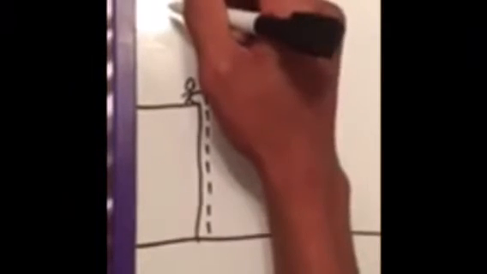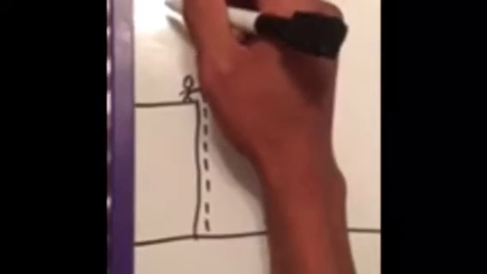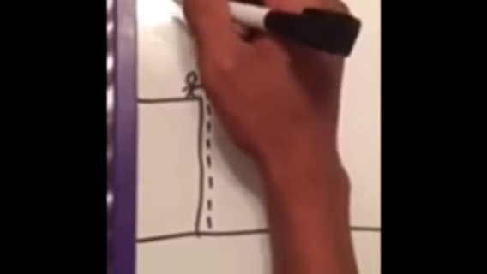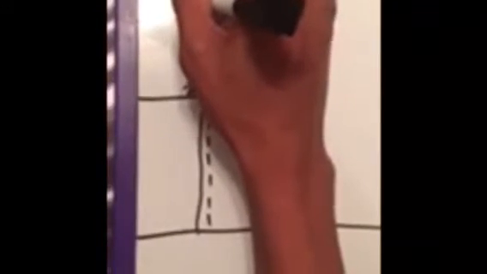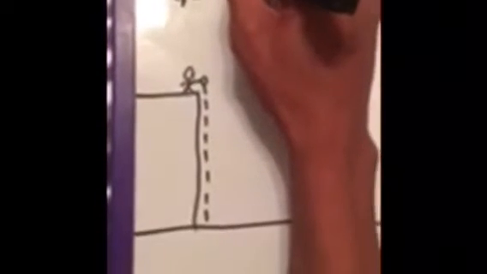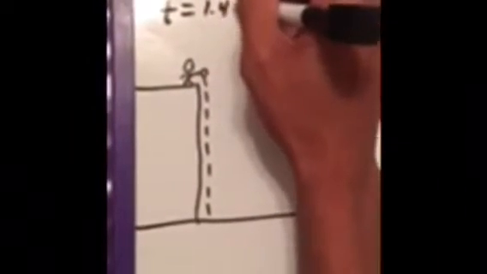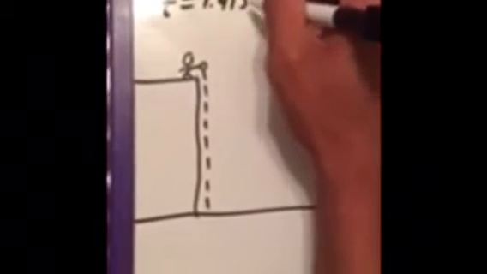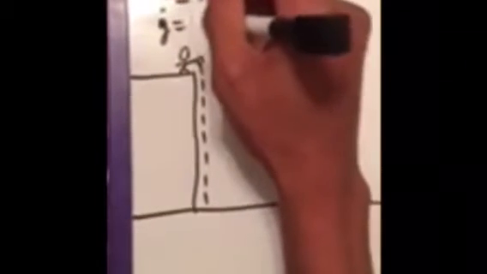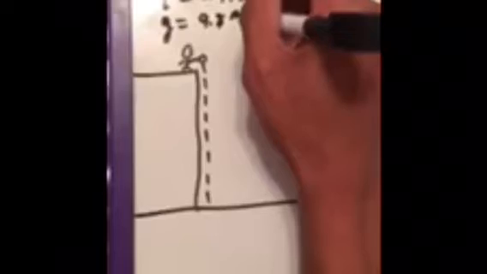Our variables: V initial will be 0 because we're dropping the ball from rest, and t, when we did the project, was 1.41 seconds, and g is 9.8 meters per second squared, because it's gravity.